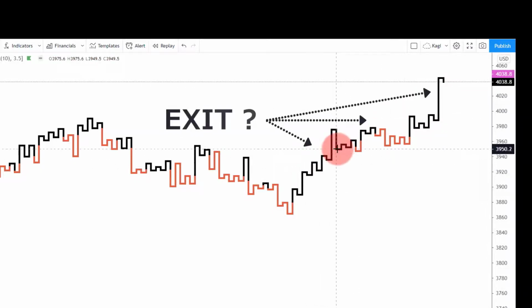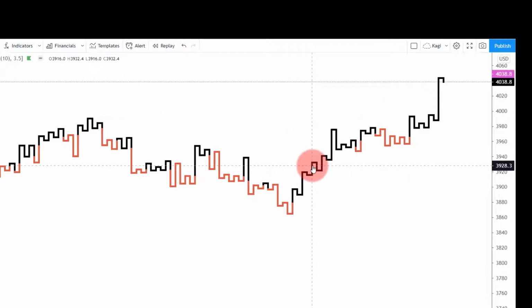So where do we get out in that period of price action to cut our losses and say we were wrong? This is the idea behind the stop loss, and we're going to cover a simple idea of how you can set those initial stop loss numbers.